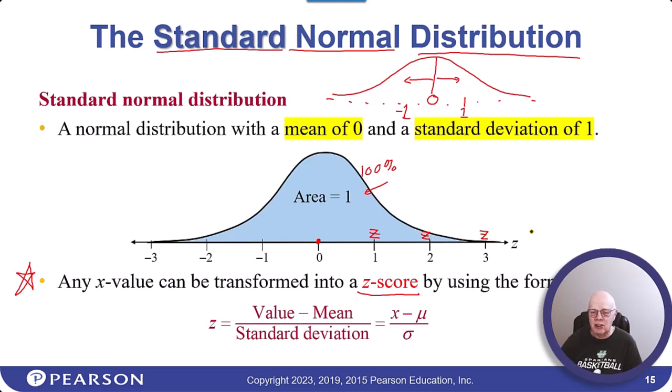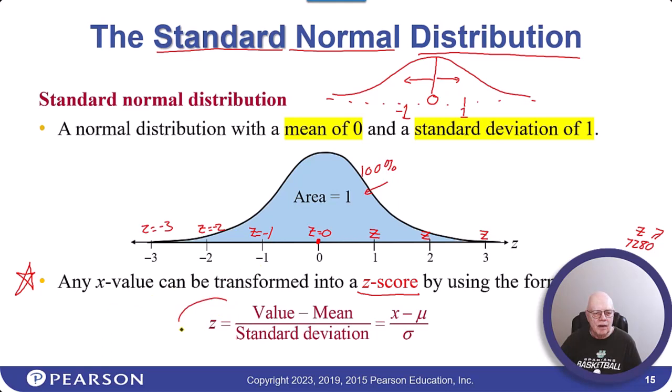There is no end to the z-scores. Somewhere out here you might have a z of 7,280, way out there. And they extend in the other direction. Remember, a z of 0 is right in the middle, very important. And out here, this z is -1, z -2, z -3. Got it?